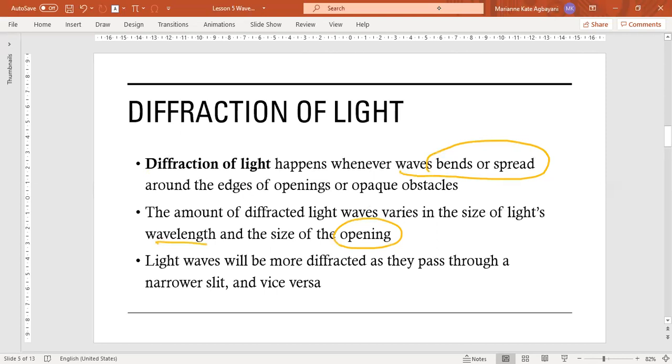And take note that light waves will be more diffracted as they pass through a narrower slit. If they pass through a wider slit, then there is less diffraction.